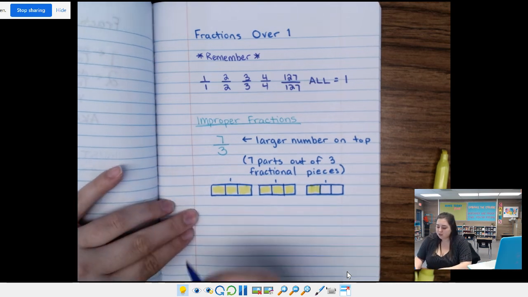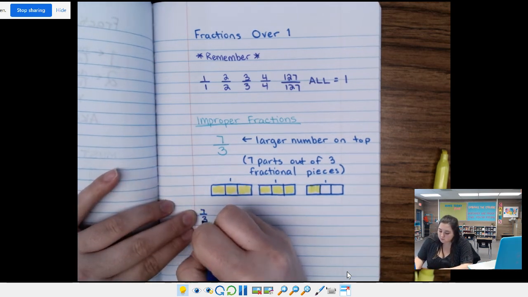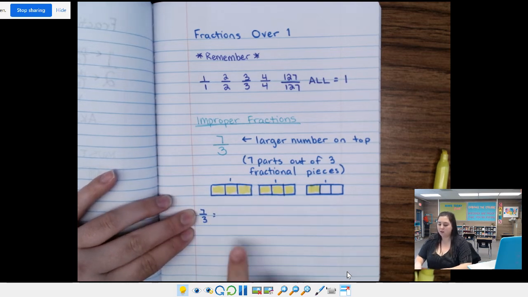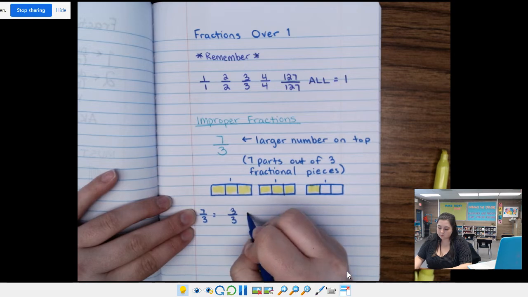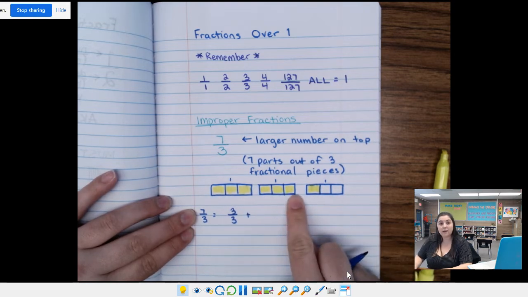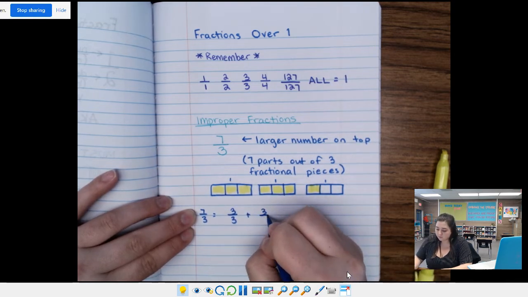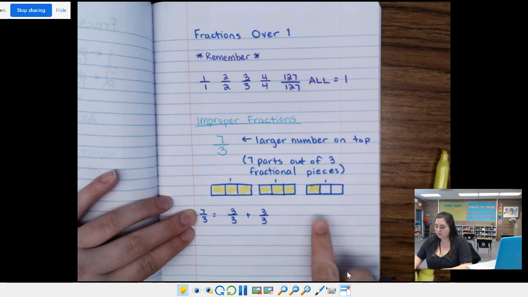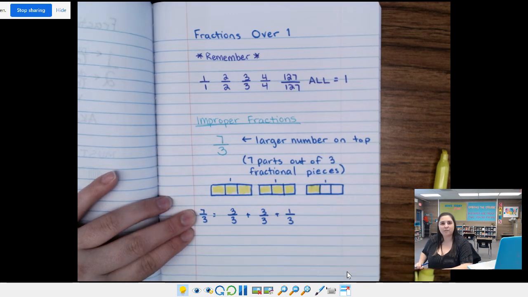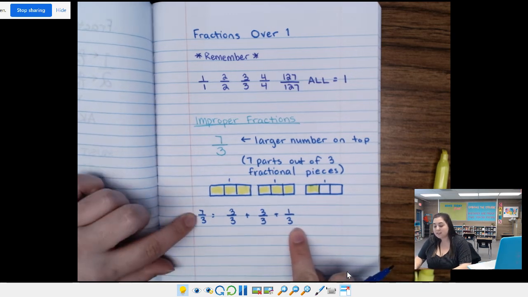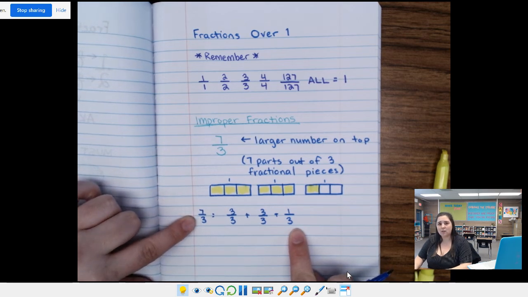So if I have 7/3, let's look at how that would be written here. We have 3/3 plus another 3/3 plus 1/3. And we should know this, 3/3 plus 3/3 plus 1/3, that is 7/3.